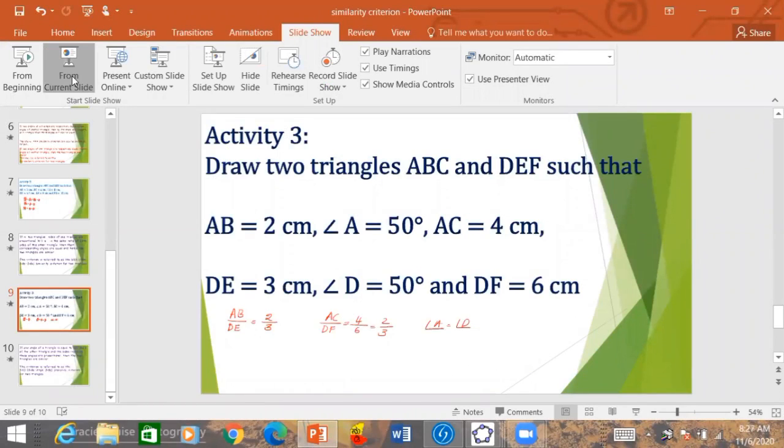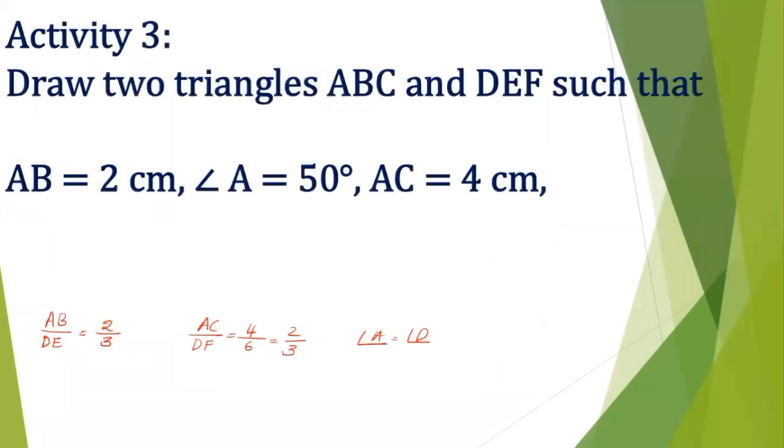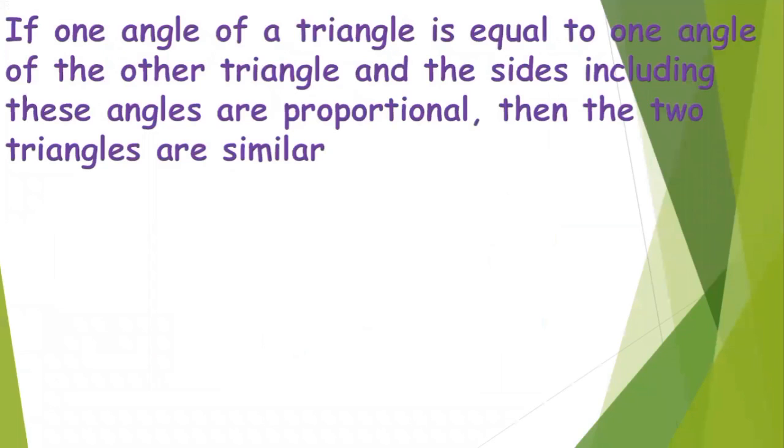Now let us state SAS similarity criteria for two triangles. If one angle of a triangle is equal to one angle of another triangle and the sides including these angles are proportional, then the two triangles are similar.